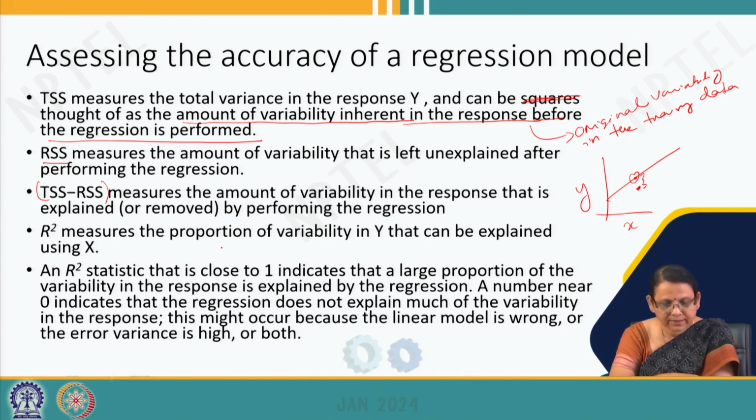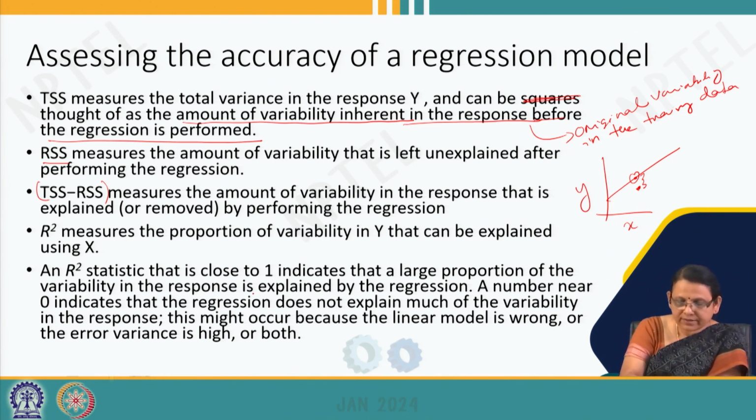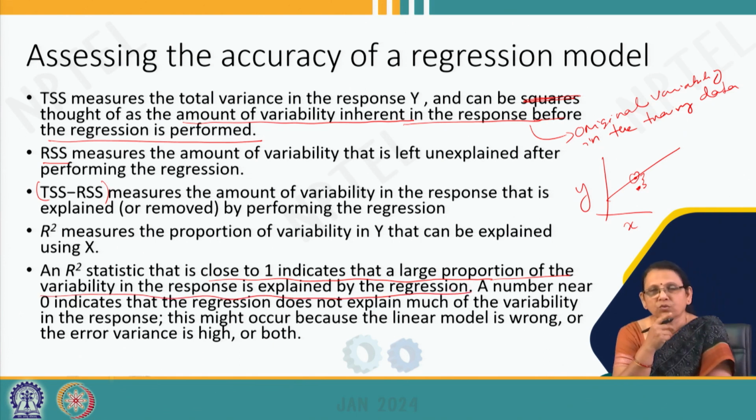Now, an R square statistic that is close to 1 indicates that a large proportion of variability in the response is explained by the regression. So, which means it is a good fit. A large proportion of the variability is now taken care of by this regression line. A number near 0 indicates that the regression does not explain much of the variability in the response.